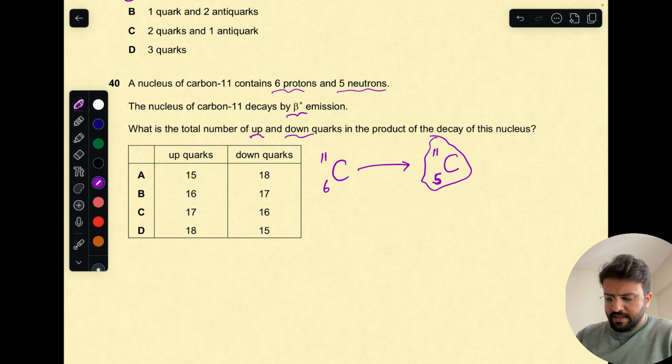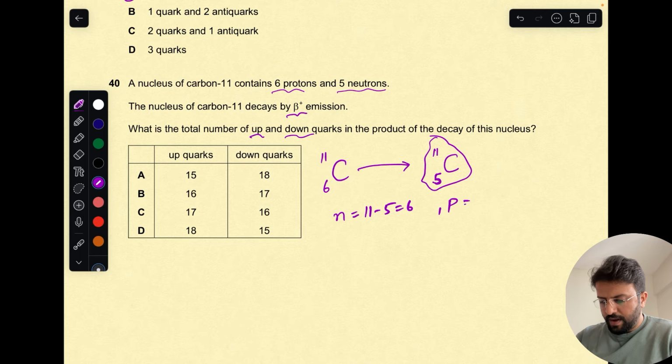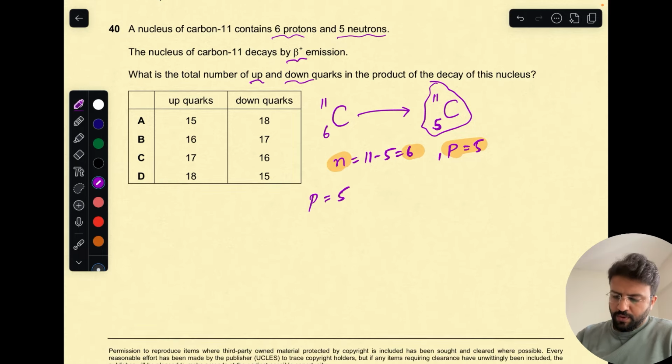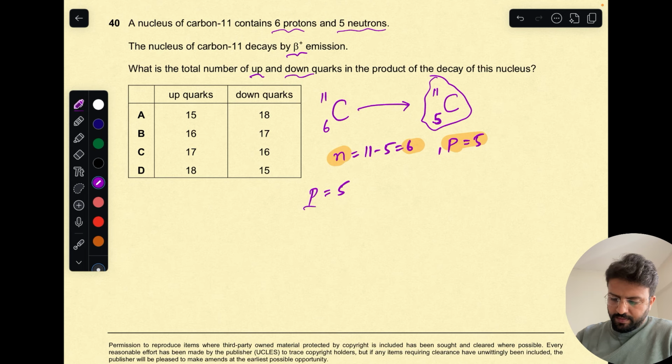What we have in this case: number of neutrons n equals 11 minus 5, that is 6, and protons equal 5. So you have 6 neutrons and 5 protons. For the protons, we know each proton is made up of UUD, up and down quarks.